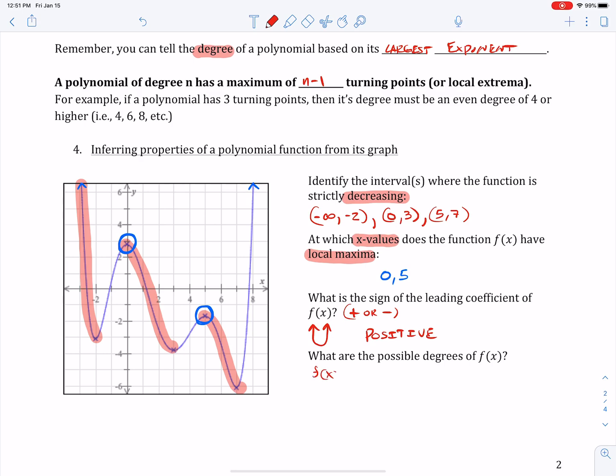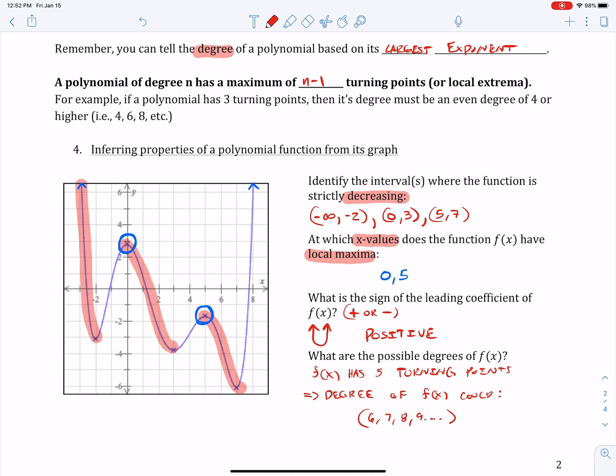If f of x has 5 turning points, then the degree, and hopefully your handwriting is better than mine, your degree of f of x, what are the possibilities? Well, they could be 6, 7, 8, 9, etc.